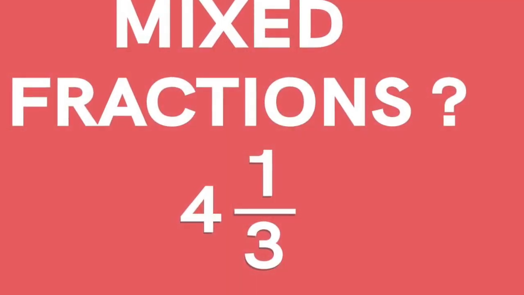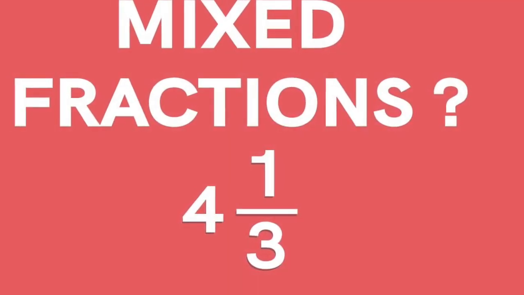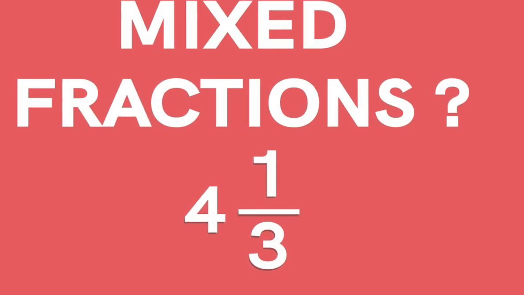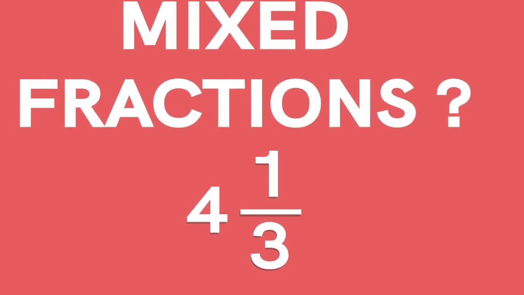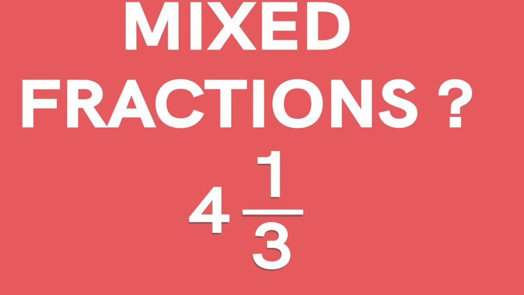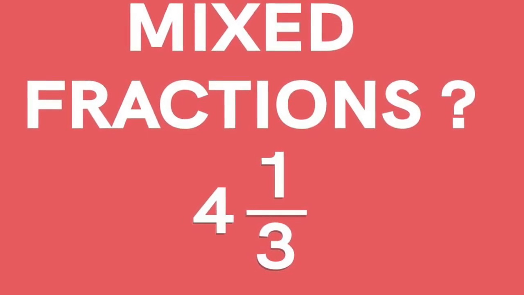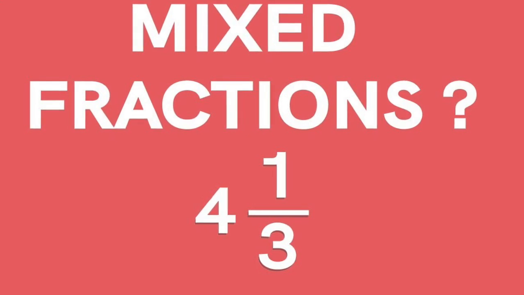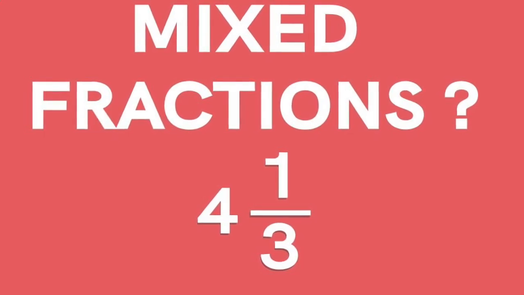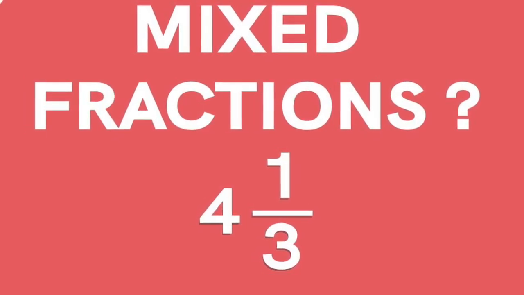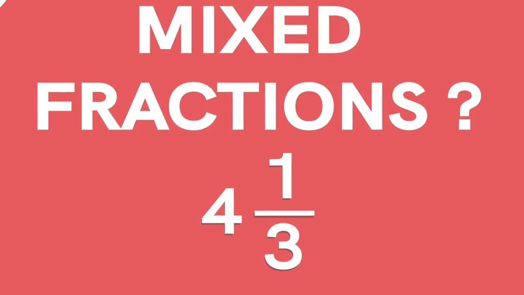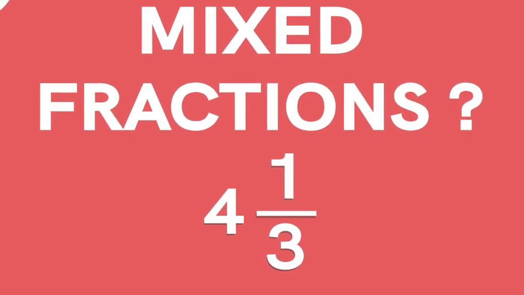Then we have mixed fractions or mixed numbers. It's when we have a whole number and then a fraction as well. Say you ate 1 1/2 of a cookie. You ate a whole cookie and then 1/2 of a cookie. So how you would say that is 1 1/2.